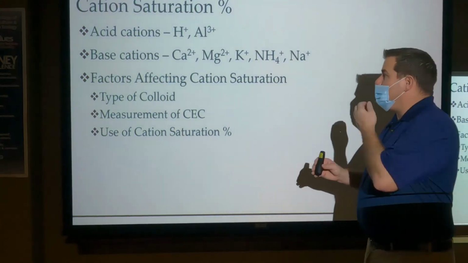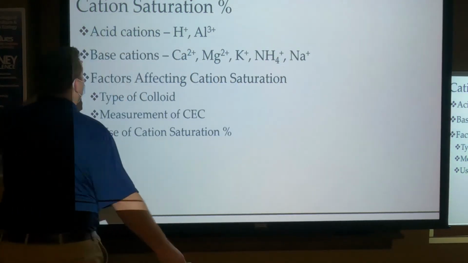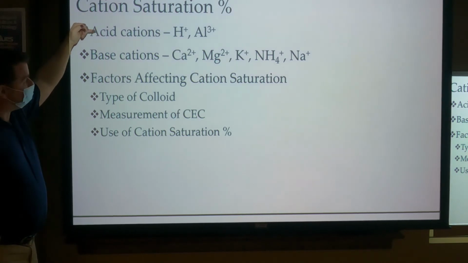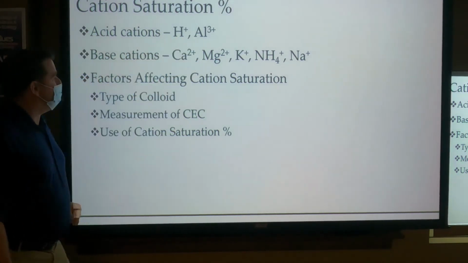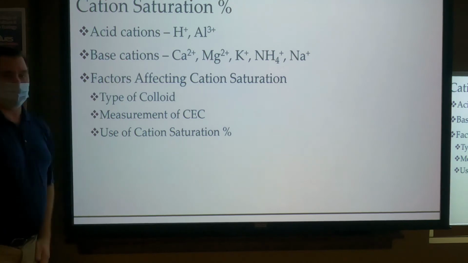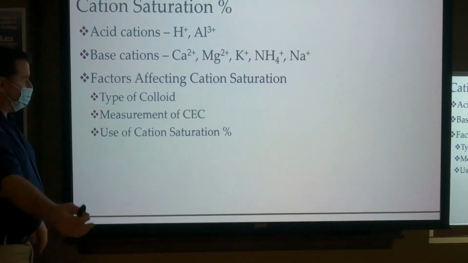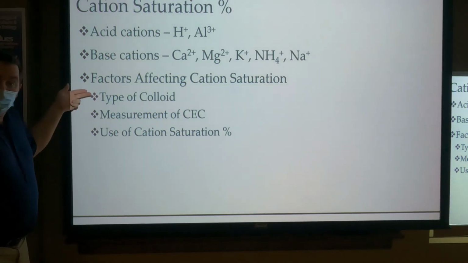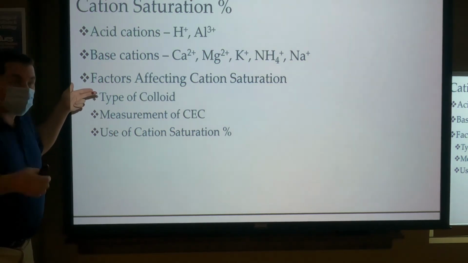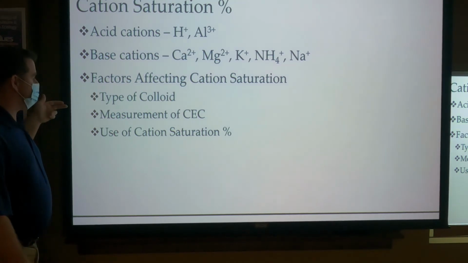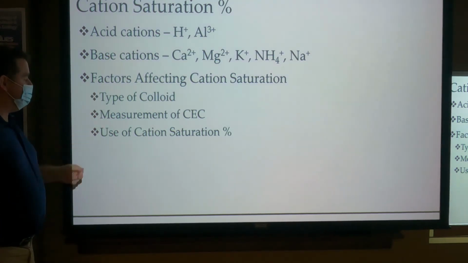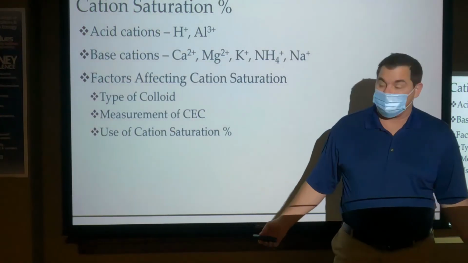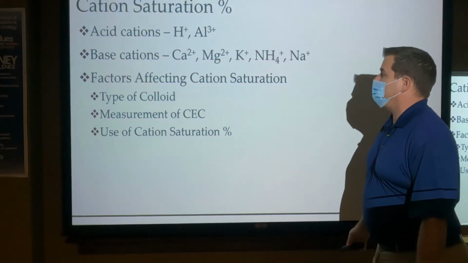So the way that they measure this and the way that we look at it, remember we talked about that as our pH decreases, we increase the acidic cations, hydrogen and aluminum, and our base cations are what we're trying to hold on to that our plants are going to use. That's going to be dependent on what soil type is there, whether it's smectite or vermiculite, how they measure the CEC, and then finally how they determine the percent base saturation or cation saturation.